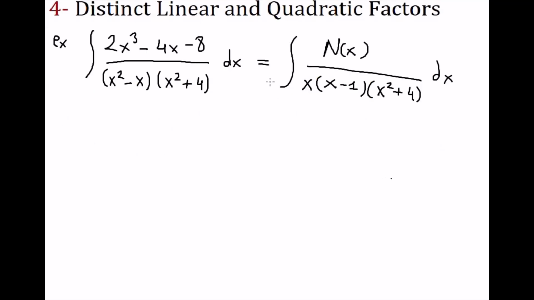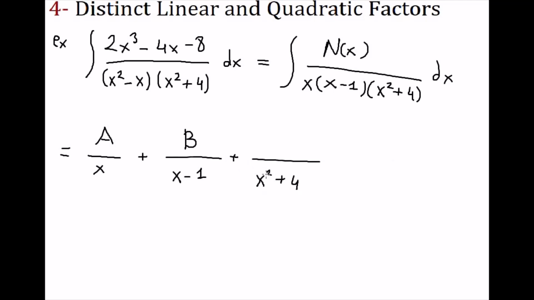We have 3 factors. For each factor we're going to assign a fraction. So this integral is equal to, for the first factor we have some constant A over x, plus for the second factor, which is x minus 1, this is also linear, so we need another constant B. And for the third factor, which is x squared plus 4, this is a quadratic factor, so we need some linear numerator.